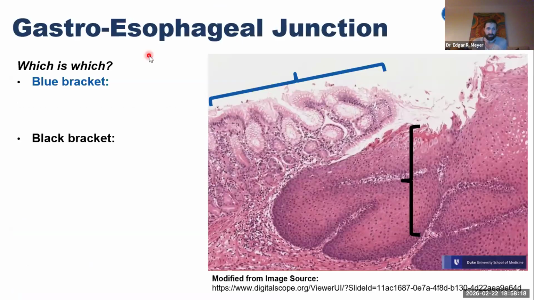And so for those of you analyzing this histological image, which is which? We have one section indicated by the blue bracket, one section indicated by our black bracket. Which would be the stomach and which would be the distal esophagus?